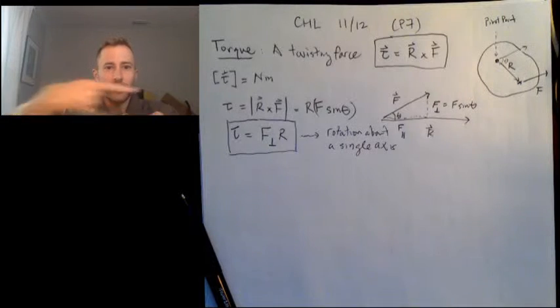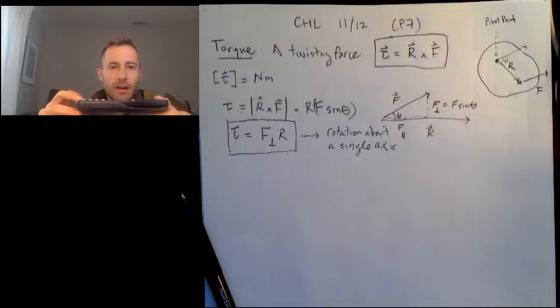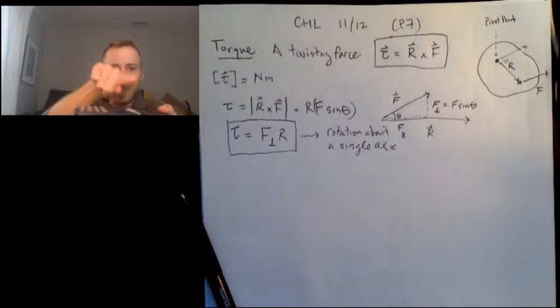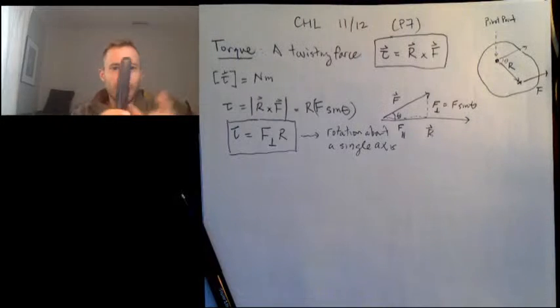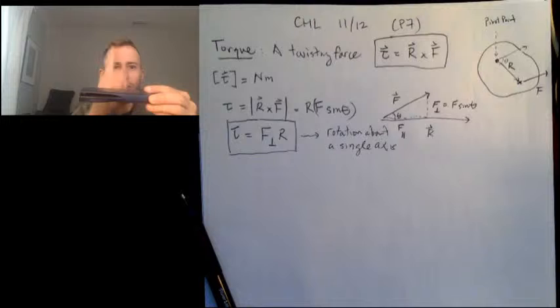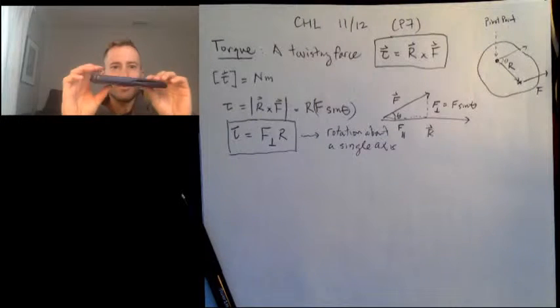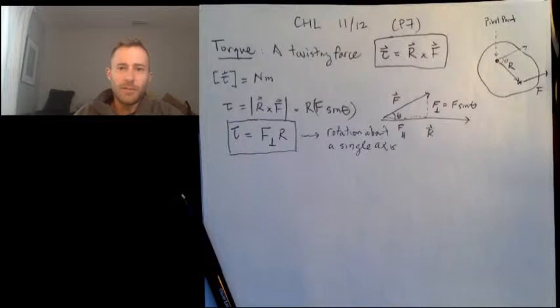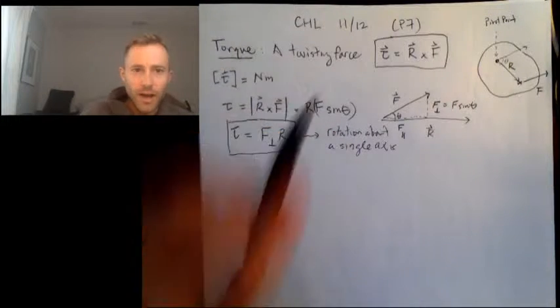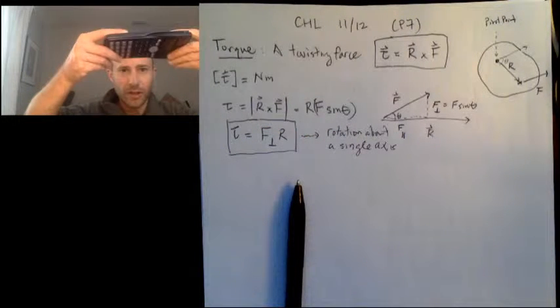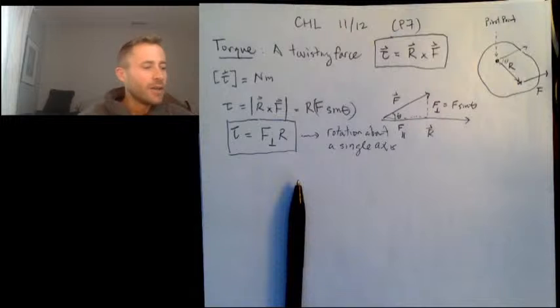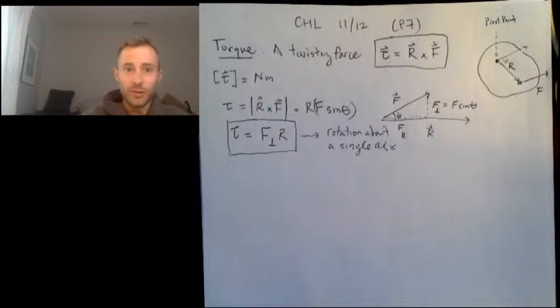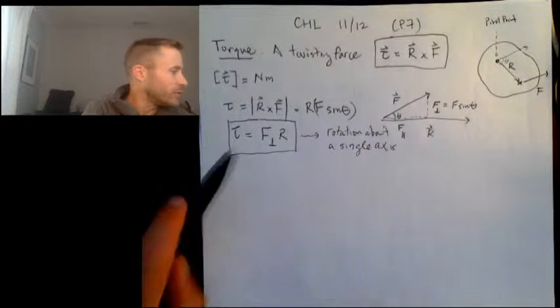That would be an axis of rotation like so. It can have an axis of rotation like this, which would be rotating like this. Or it could have an axis of rotation that is up and down, which is rotating like this. So if we have a single rotation about a single axis, so we just pick one of those three and it rotates, then you only need to use this formula. So this is what we're going to be using in this class.